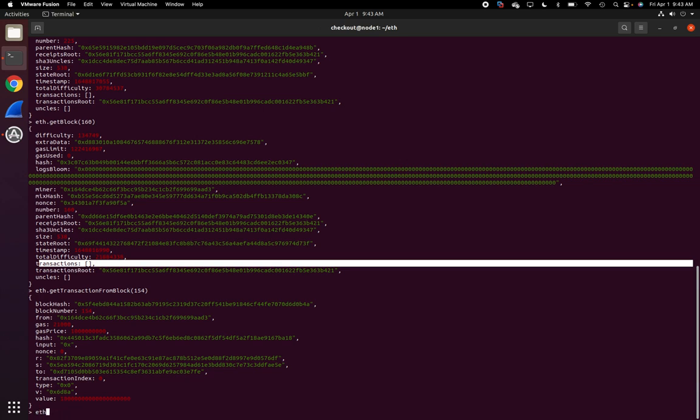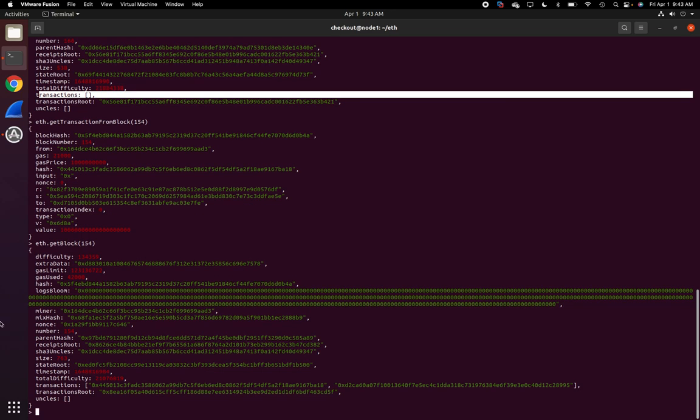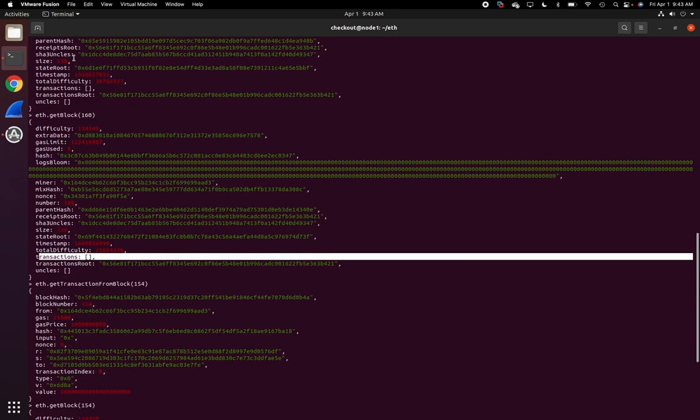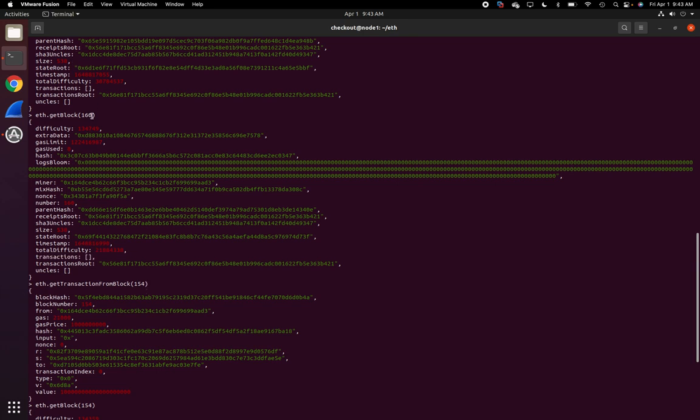So we're going to do eth.getBlock, and we're going to do 154 because that's the one that actually contains the transaction. Okay, so we can see that it contains a transaction in a second. So in 160, this one did not contain a transaction. I thought it did, but it didn't. It was 154 that actually contained a transaction.